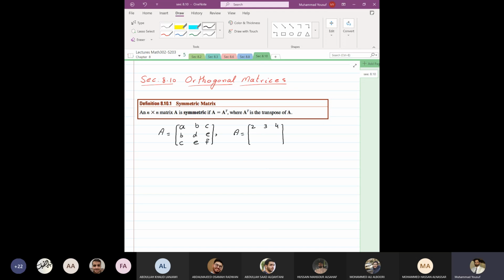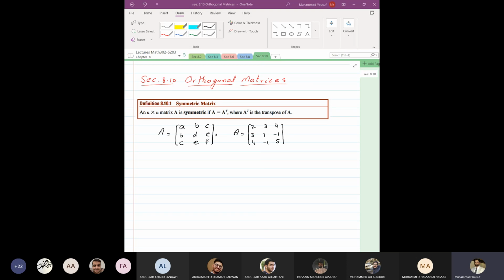For example, 2, 3, 4, 3, 4, 1, 4, 1, 5. So this type of matrix is called a symmetric matrix. And what is the special thing about symmetric matrices and the eigenvalues which we just studied?